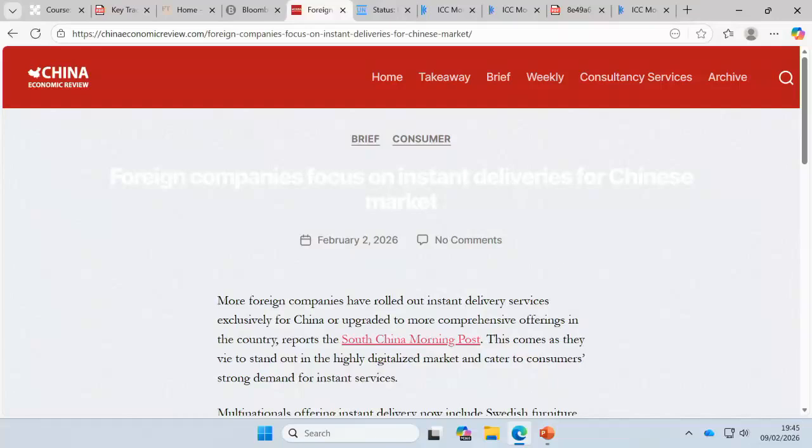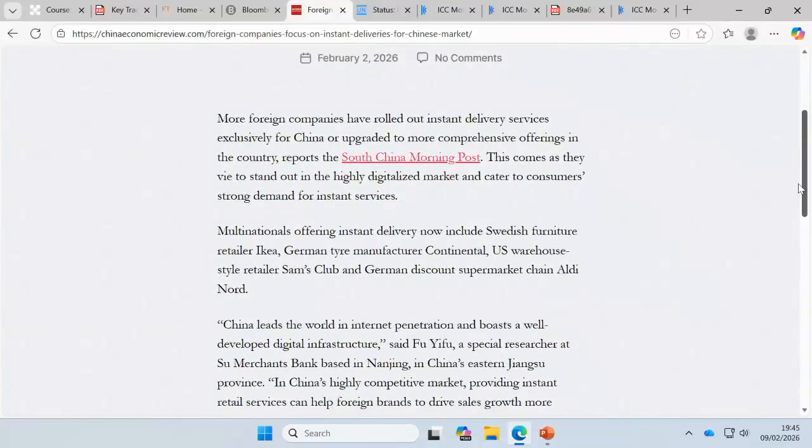More foreign companies have rolled out instant delivery services exclusively for China or upgraded to more comprehensive offerings in the country.